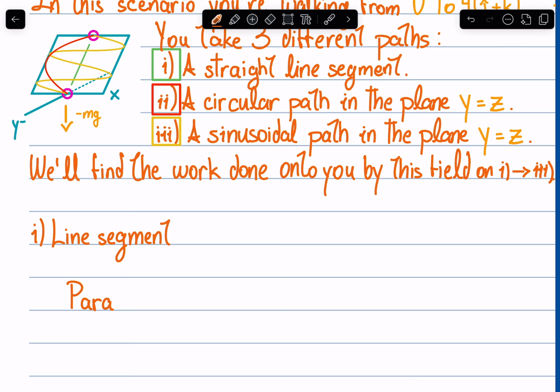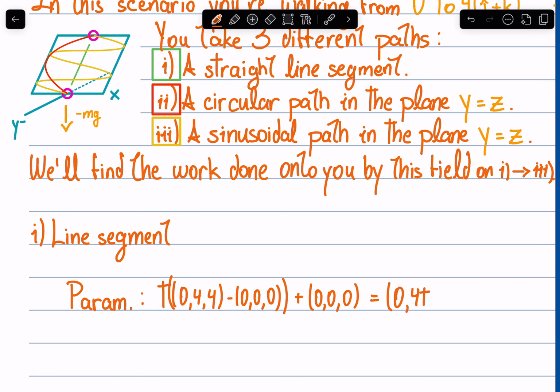We have t times (0, 4, 4) minus the origin, plus the origin again, and thus the parametrization is (0, 4t, 4t).